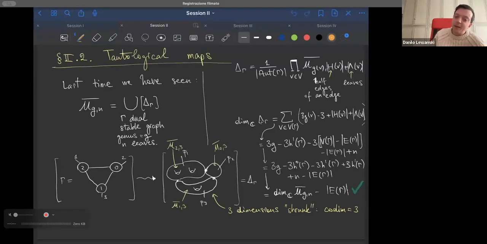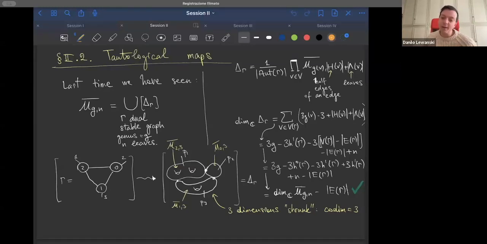So now you get that the dimension of the stratum at the end of the day is just the dimension of the moduli space Mg,n bar, the bigger one we're after. And now you have a defect, and the defect has a very simple formula: it's just the number of edges. But this is exactly what we learned yesterday, because yesterday we saw that every edge corresponds to a node, and every node is the shadow of a limiting process where I took a loop and degenerated it through a family of smooth curves limiting to a nodal curve.